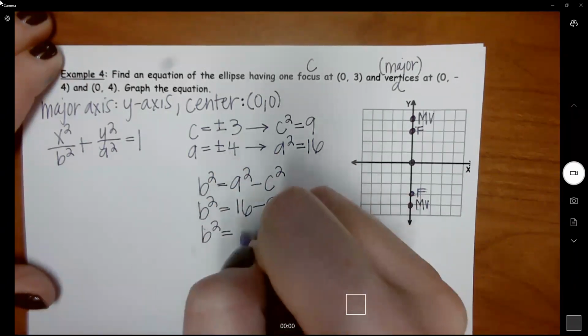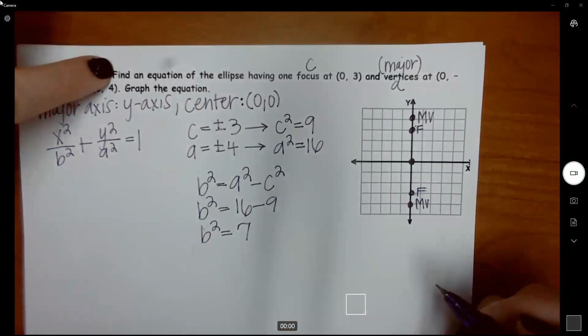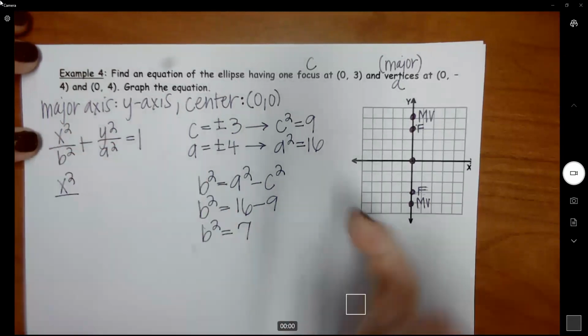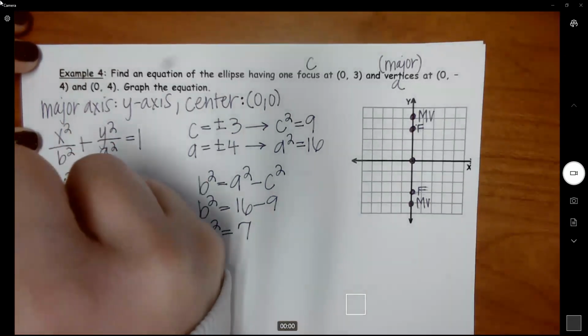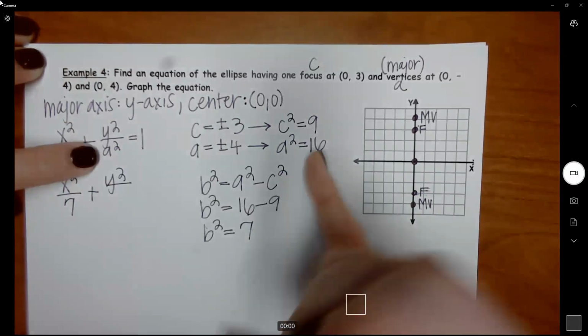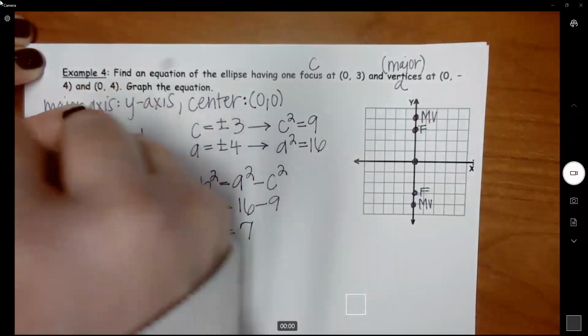B squared is 7. So finding the equation, I know all of this. We've got x squared over 7 plus y squared over 16 equals 1. That's my equation.